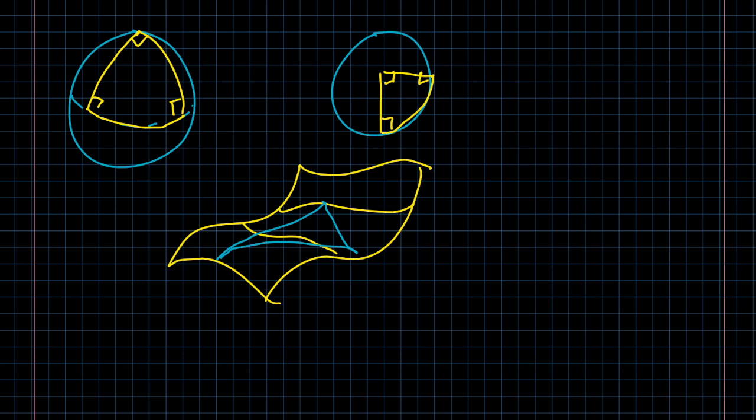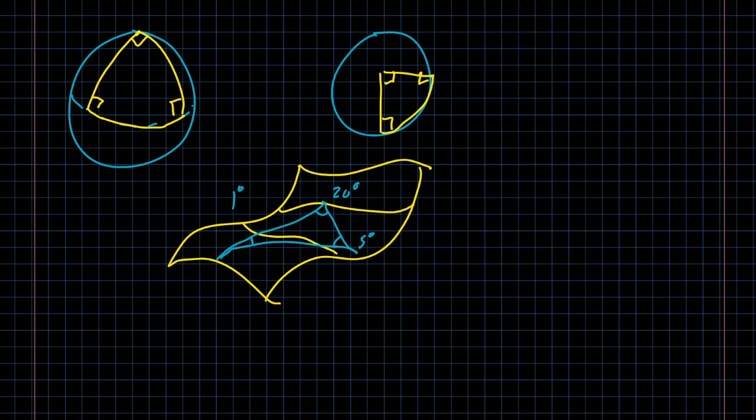And you can end up with a situation where maybe that angle is 1 degree, that angle is 5 degrees, and that angle is 20 degrees. 26 degrees. That is far shy of 180.